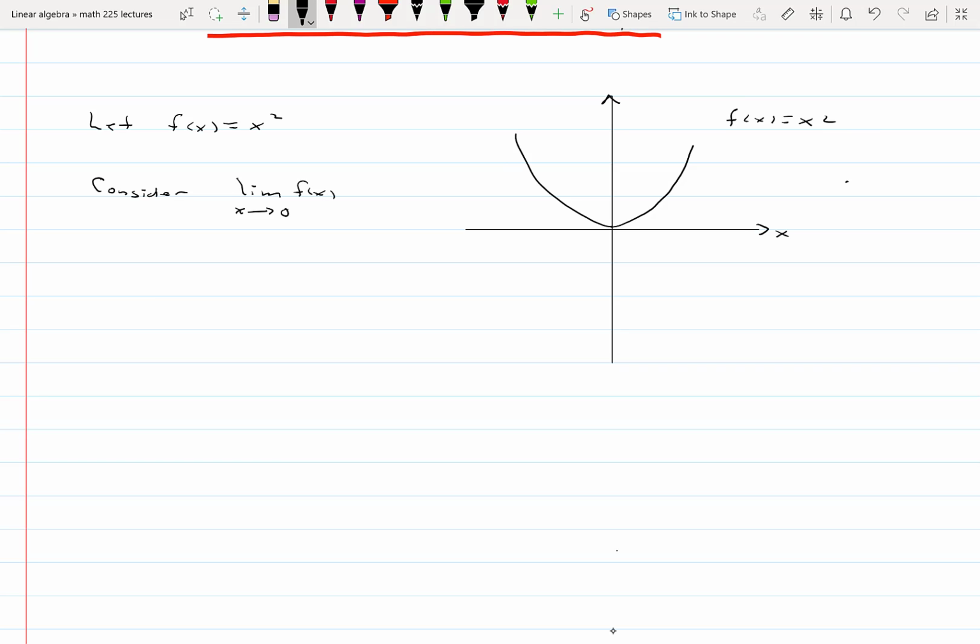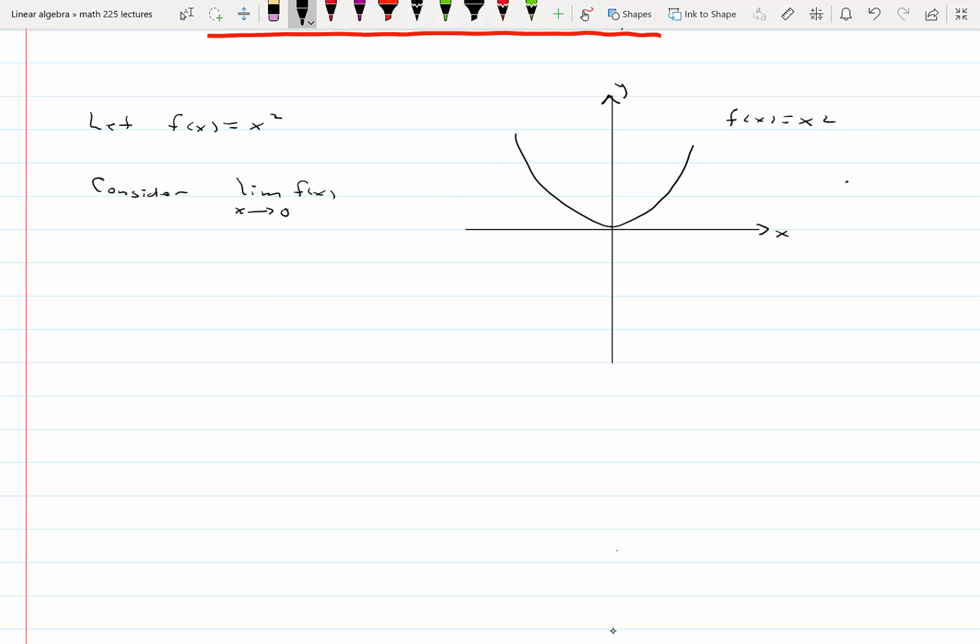First of all, the limit of the function as x approaches 0 has nothing to do with the y value at x equals 0. What the limit is saying is, as x gets infinitely close to 0, what are the function values doing? What are the y values doing?